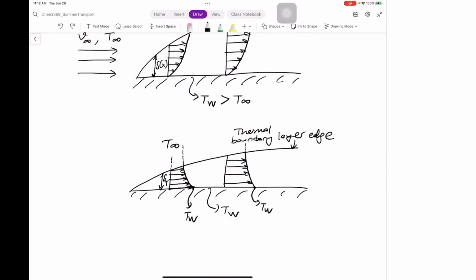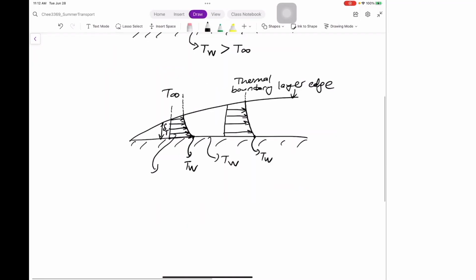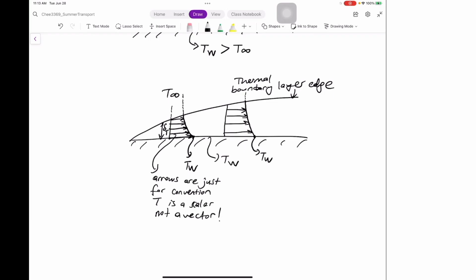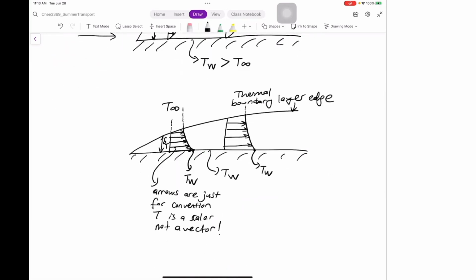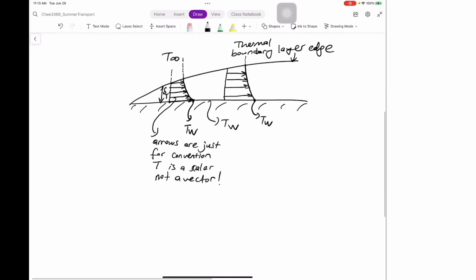And these arrows are just for convention. Temperature is a scalar, so I should not have shown arrows for that. It's not a vector, unlike the velocity. Just take it with a grain of salt.